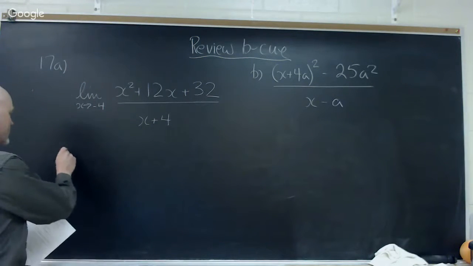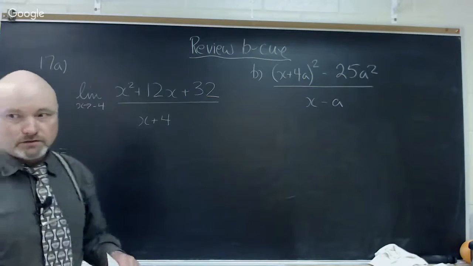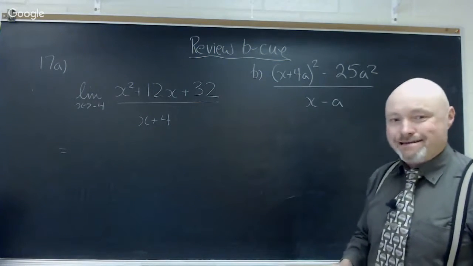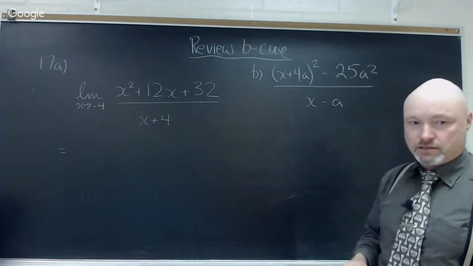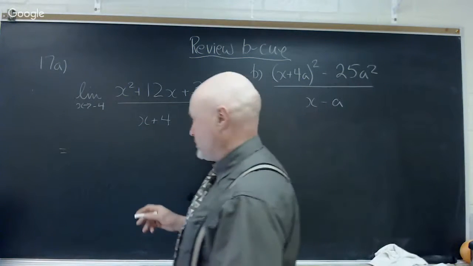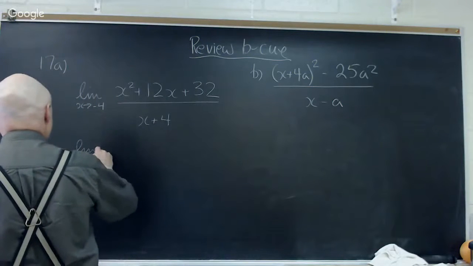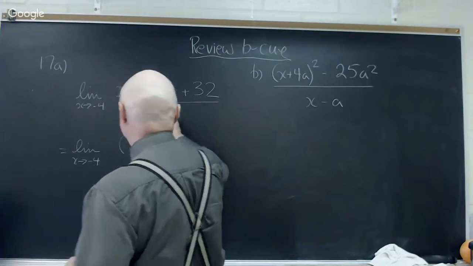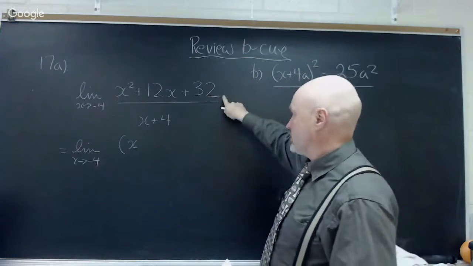So any ideas? What should we do to see if we can avoid the 0 over 0 thing and make the limit exist even if the function doesn't exist? I believe that is to factor the expression. And yeah, so we can factor this.